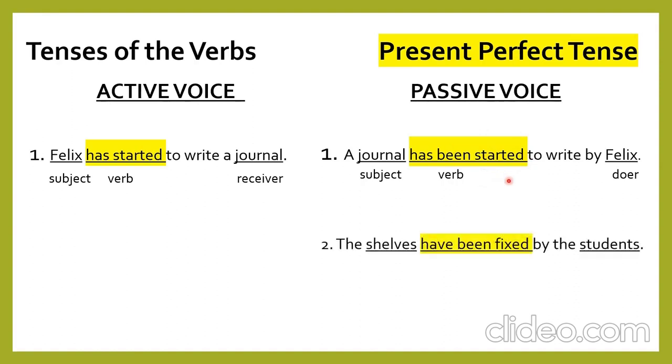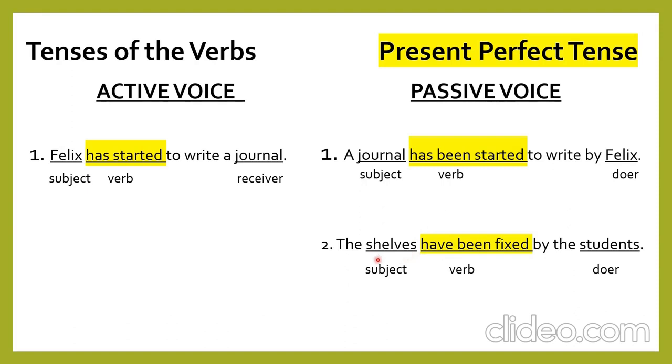Next, what if the given sentence is in passive voice? The shelves have been fixed by the students. The subject is shelves, the verb is have been fixed, and the doer is students. Now take a look at this example. The auxiliary verb used here is have, because the subject is shelves, and shelves is plural, it's more than one.